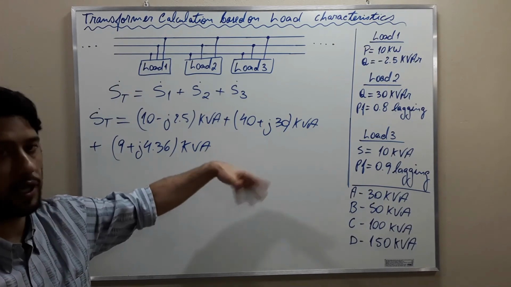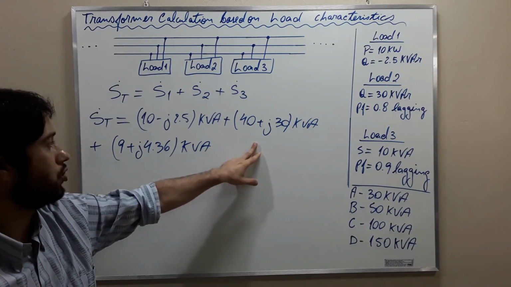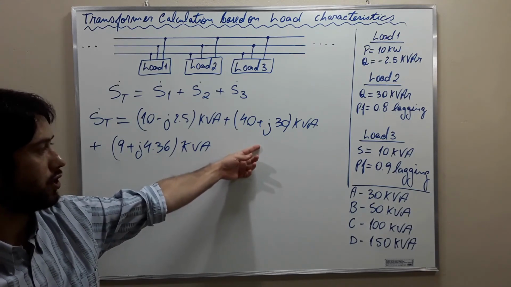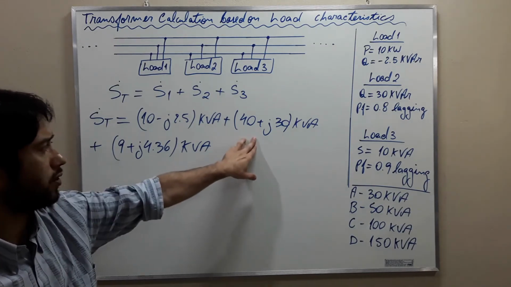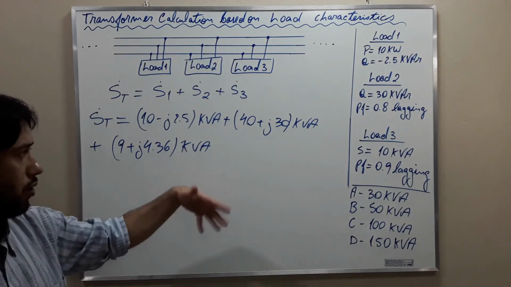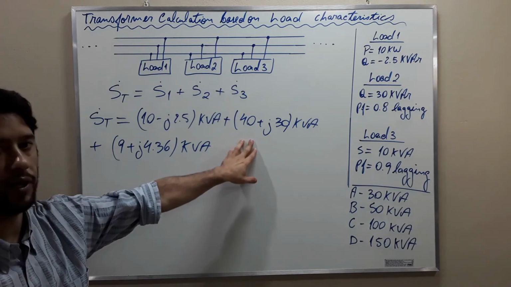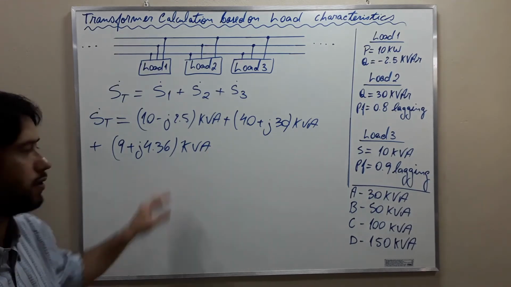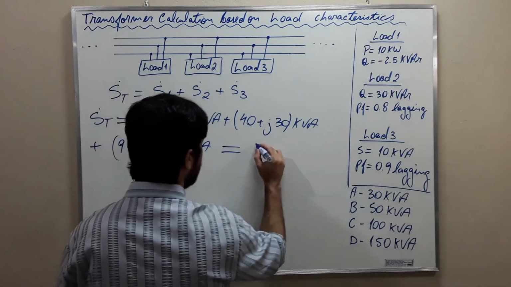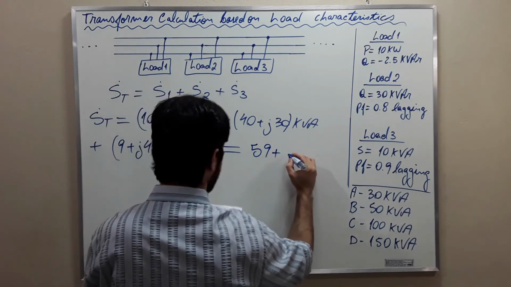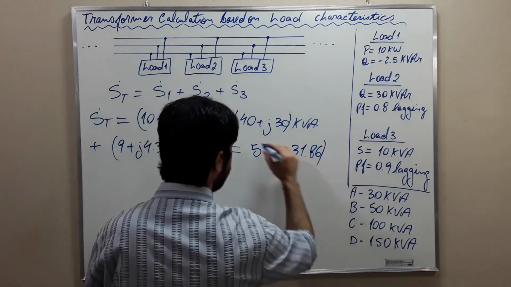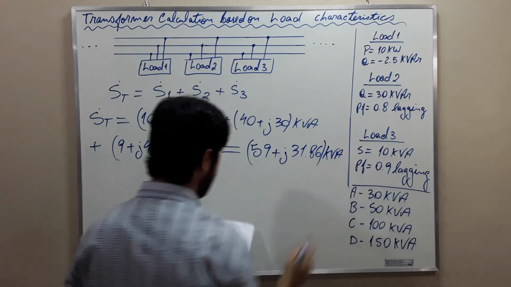You can simply conduct some algebraic manipulations to transform from the polar form to the Cartesian form here. We found the polar form for load 2 and we found the polar form for load 3. Just conduct these algebraic manipulations and you are going to get these results that I discovered. Now, we are going to find that it is equal to 59 plus J31.86 kVA.